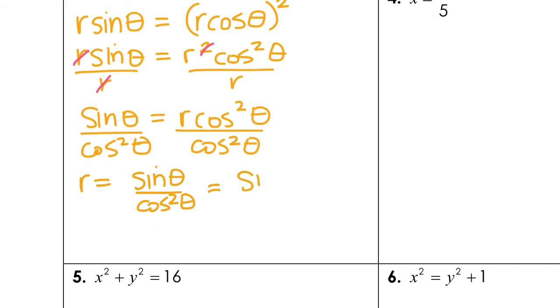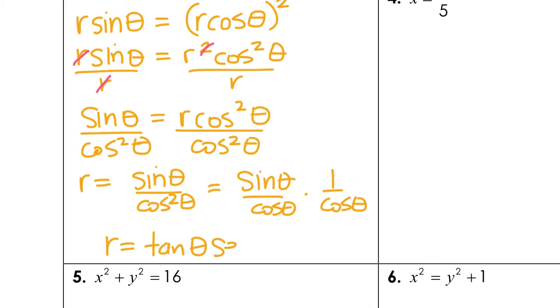So this would be sine over cosine times 1 over cosine. Because this was squared, that means that there's 2 cosines there on the bottom, so I just split it up. This first one, sine over cosine, hopefully we remember this, that's just another way of writing tangent. And then 1 over cosine, that's another reciprocal identity, that is just secant.